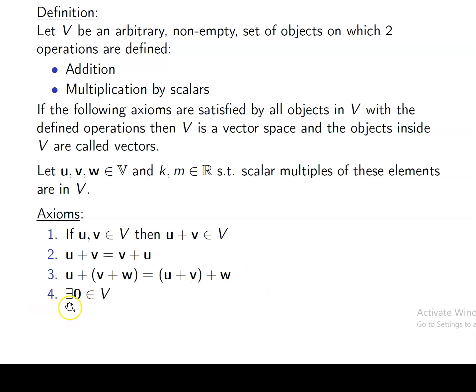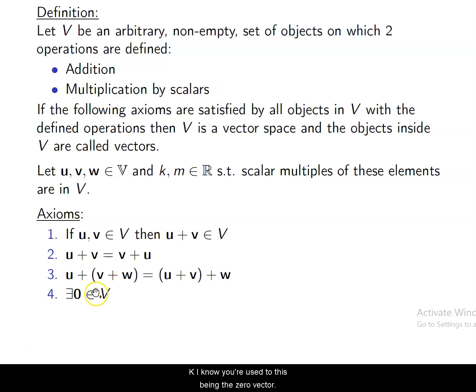For 4, this backwards E, I'm sure we talked about this before. This means that there exists an object which I call 0. I want to be very clear here. This object that I call 0 does not always look like something full of zeros.